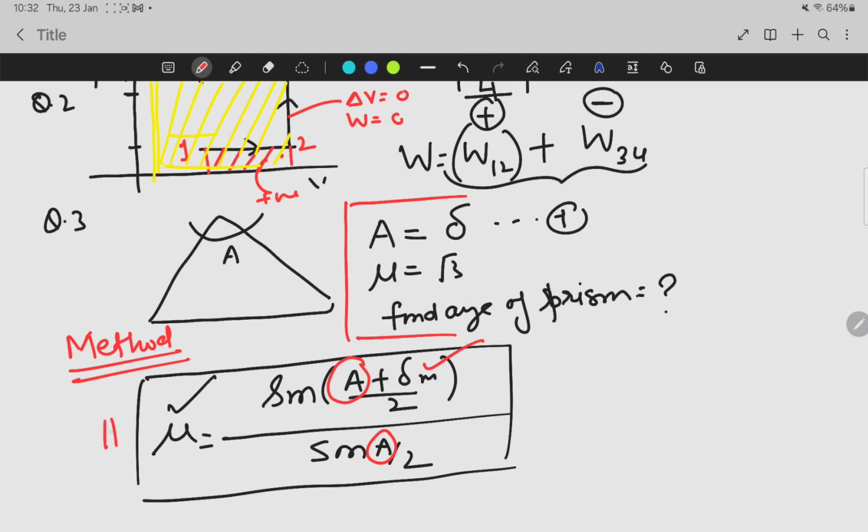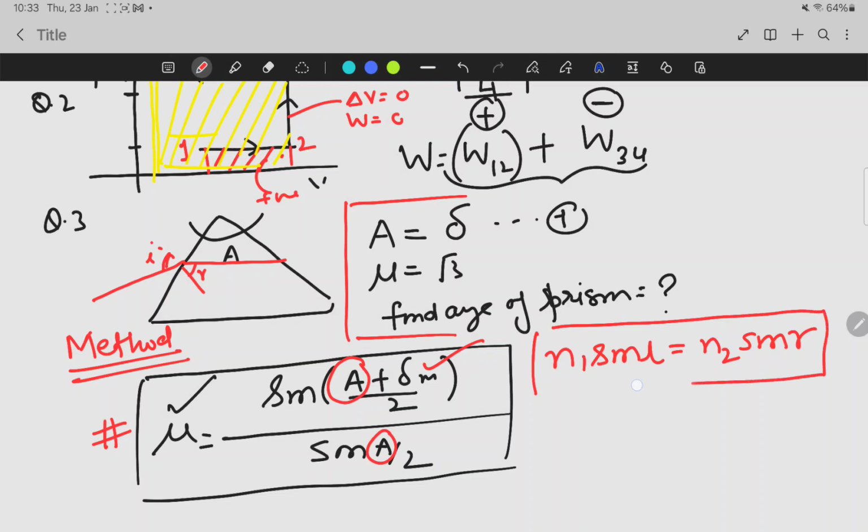And if you don't remember this formula, we can use the basic Snell's law at this interface. Clear? What Snell's law tells us is n1 sin I should be equal to n2 sin R. So we can use this Snell's law.